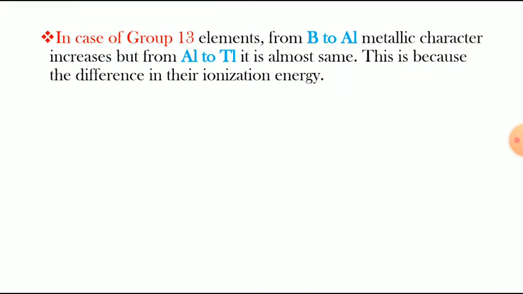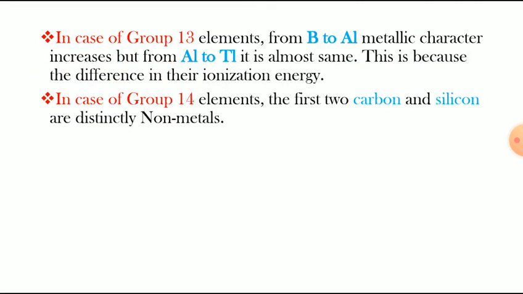In the case of group 13 elements, what are they? Boron, aluminum, gallium, indium, thallium. From boron to aluminum, metallic character increases, but from aluminum to thallium, it is almost the same. This is because of the difference in their ionization energy.